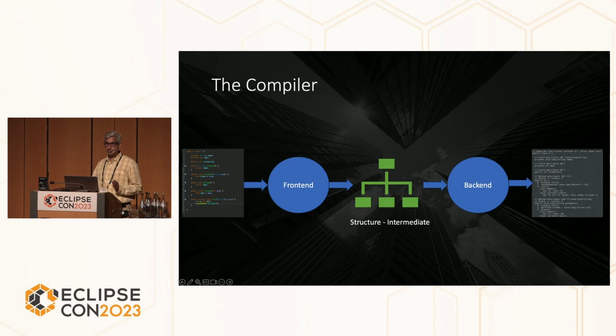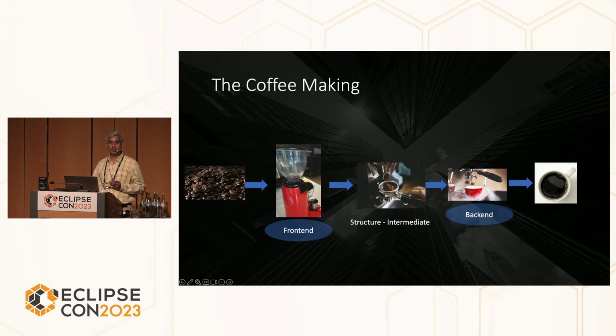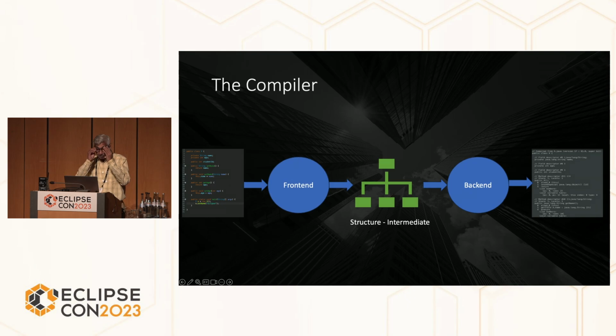So the first job of the compiler is to get a structure out of it, something like a tree, you can imagine. Then the backend comes and transforms it into the byte code.